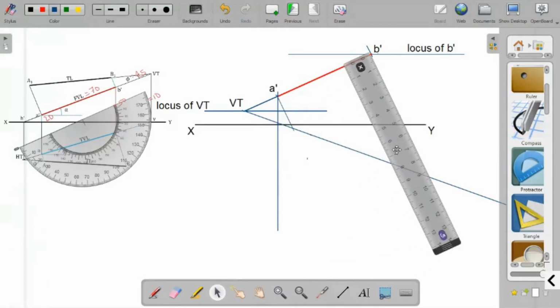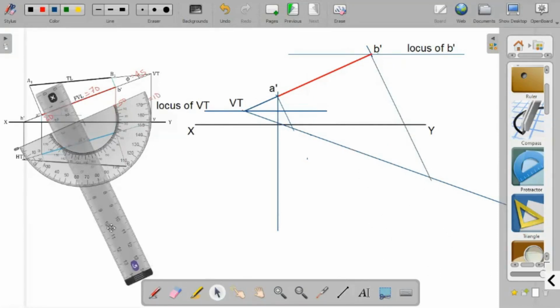Here point B1. So this is point A1. It's point E1. Okay.